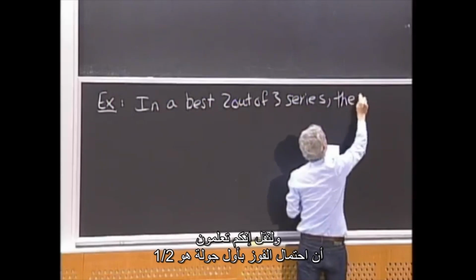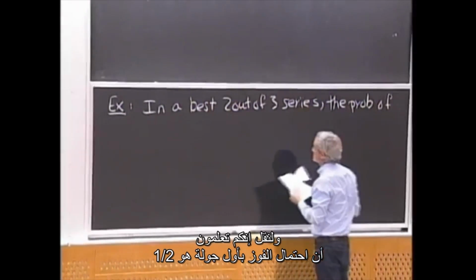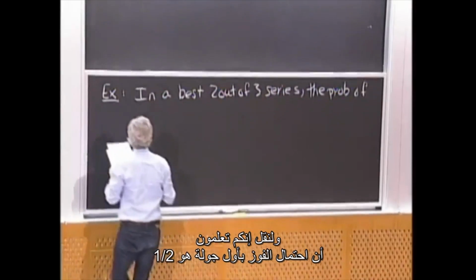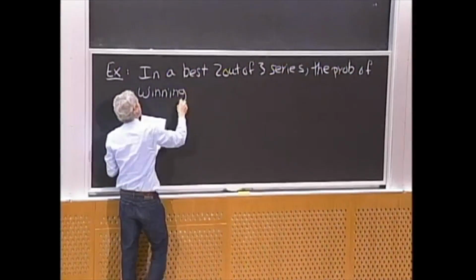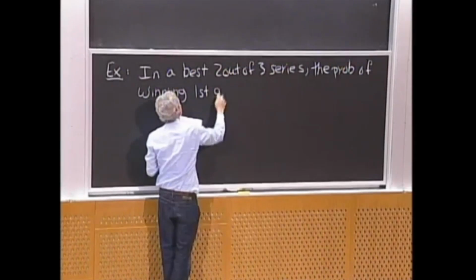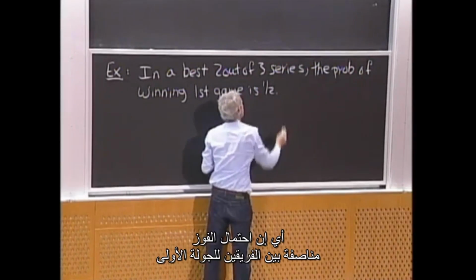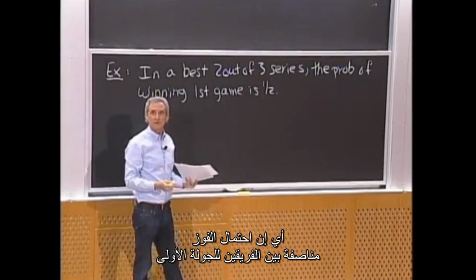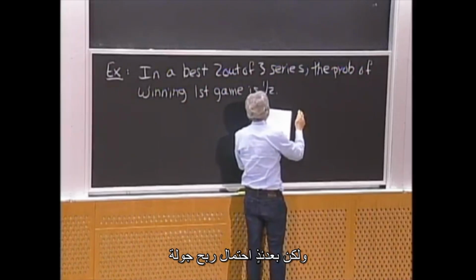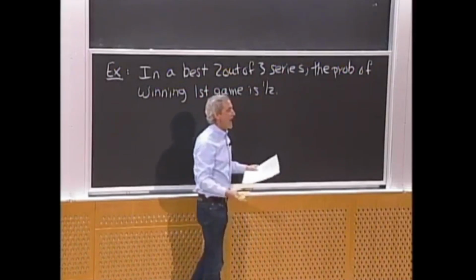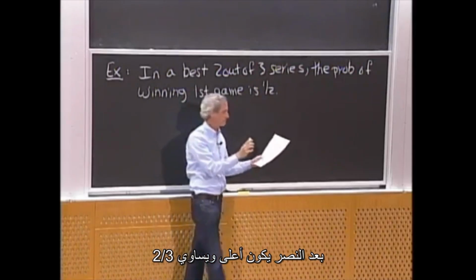And say you're told that the probability of winning the first game is 1/2. So the teams are matched 50-50 for the first game. But then you're told that the probability of winning a game after a victory is higher. It's 2/3.